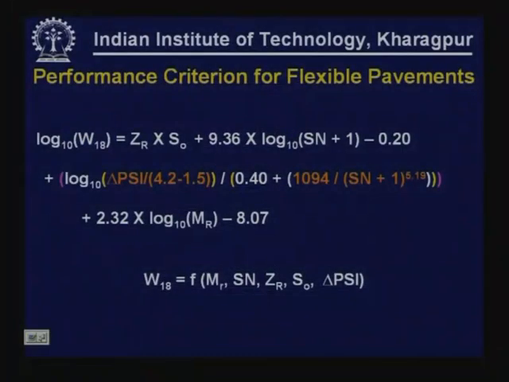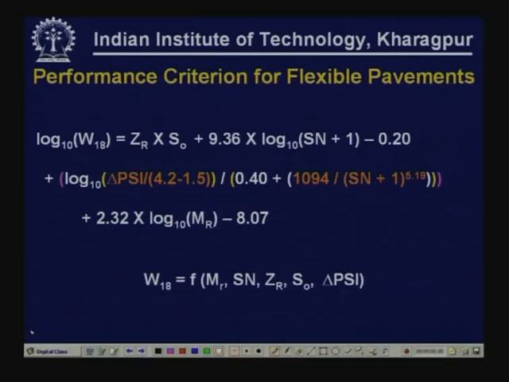This is the performance criteria used in AASHTO flexible pavement design. Have a look at this. This is an equation that correlates log W18 to various pavement parameters and other parameters. We will discuss these parameters.